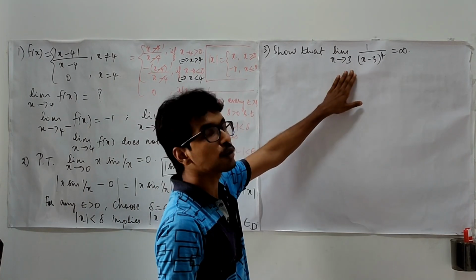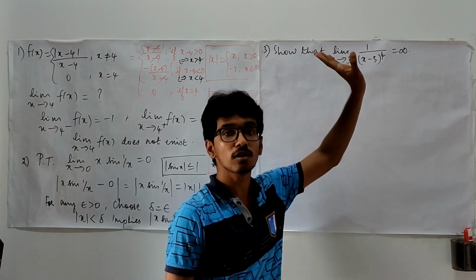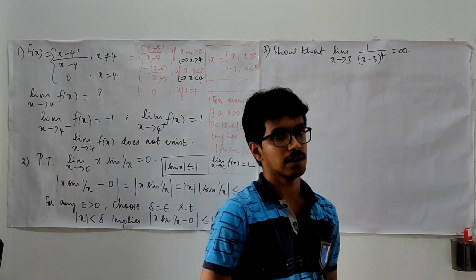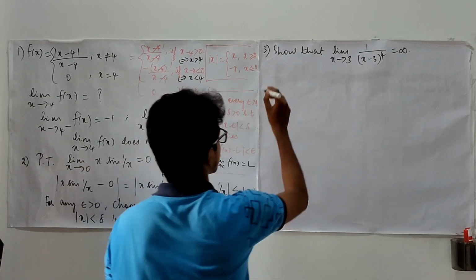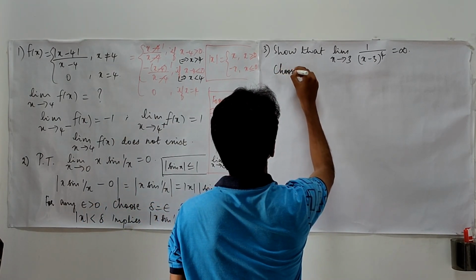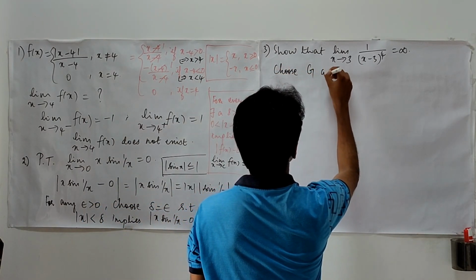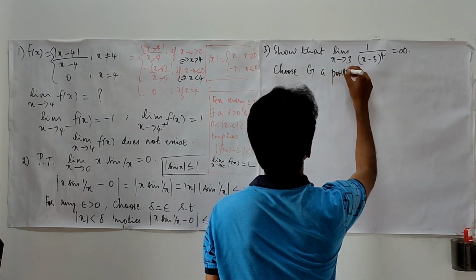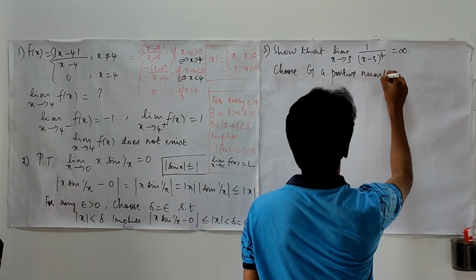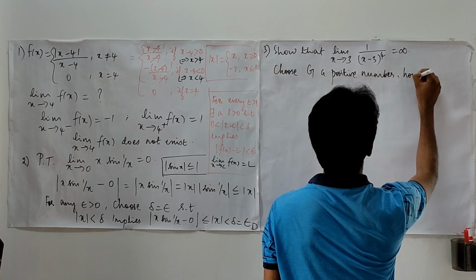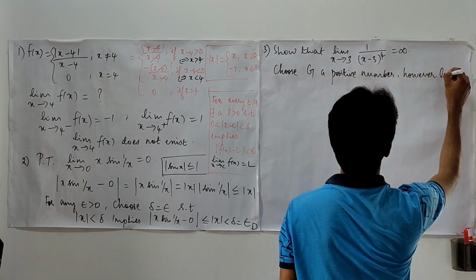Okay, but limit x approaches 3, 1 upon (x minus 3) to the power 4 is infinity. This is what we are given. Now, let us choose some g, a positive number, and this number may be however large. You may choose any larger value.